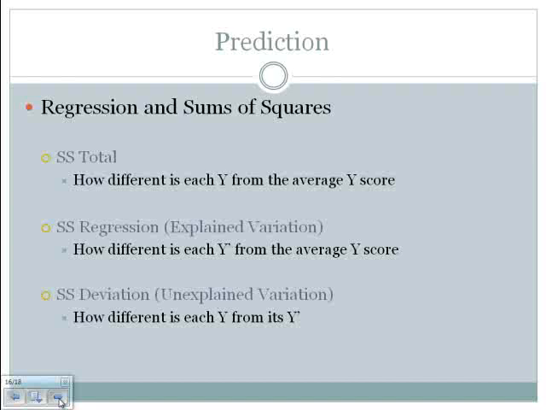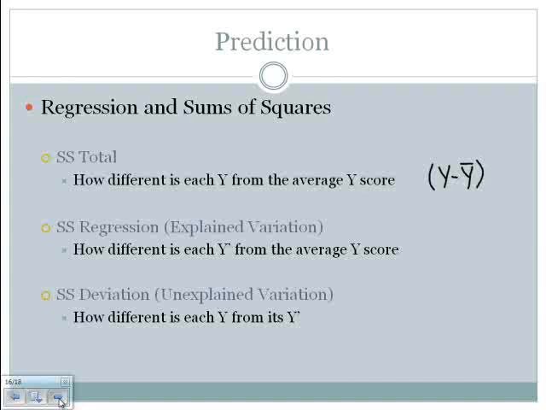But as it turns out, total sums of squares is how different is each y from the average score for the data. And so remember when I was drawing my really bad graph, I put the average score on there, because you should know the average score. So from a conceptual formula, this will be how different is each score from the mean of the data.